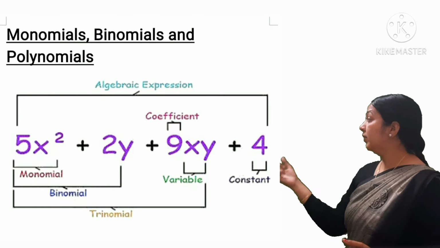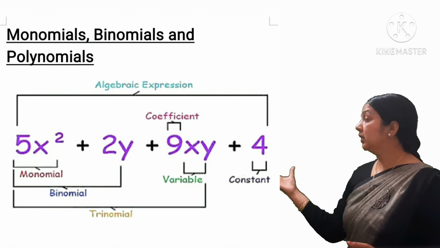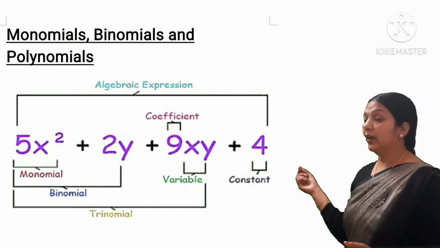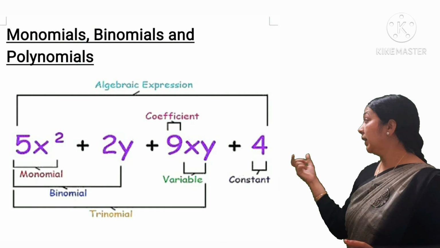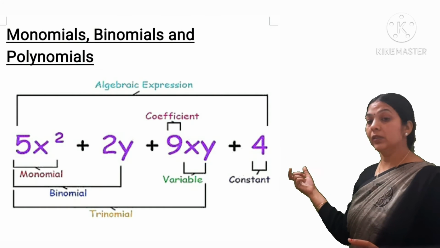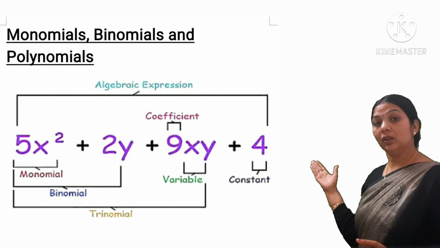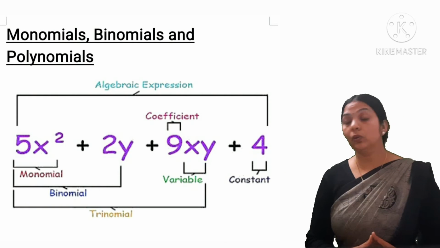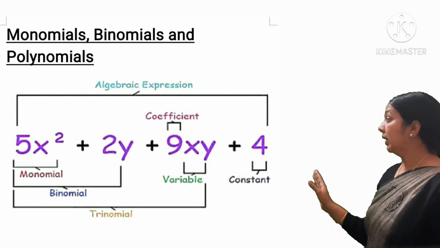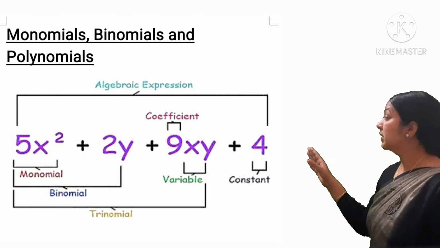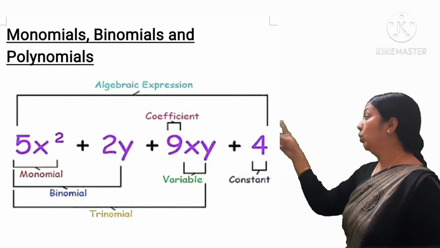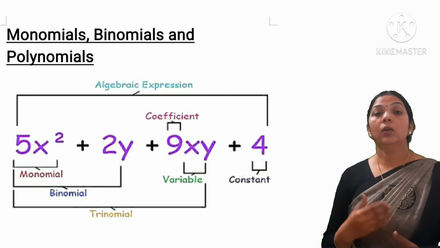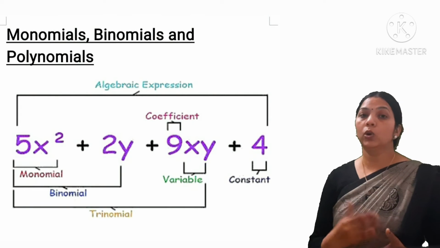If we take 5x square plus 2y, then this would be a binomial. Next one is 9xy. So 9 is the coefficient and xy is the variables, and the number 4 is the constant in this given expression. So hope you understand what exactly monomials and binomials are, and this combined whole thing will be known as a polynomial. Polynomial means having more terms.